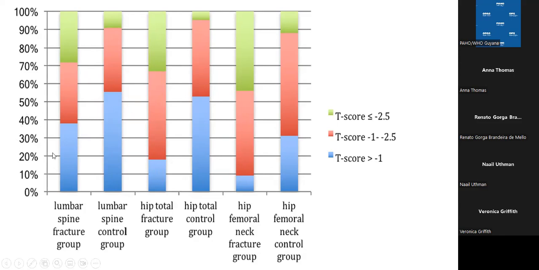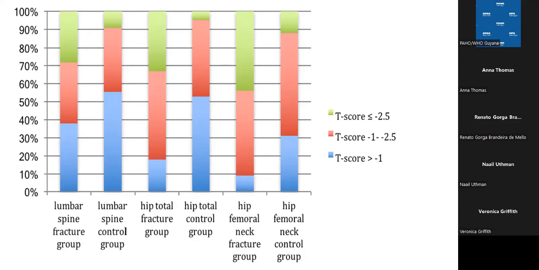Almost 40% of patients have normal bone mineral density assessed by densitometry. For hip femoral neck fracture, more than half of patients don't have osteoporosis.